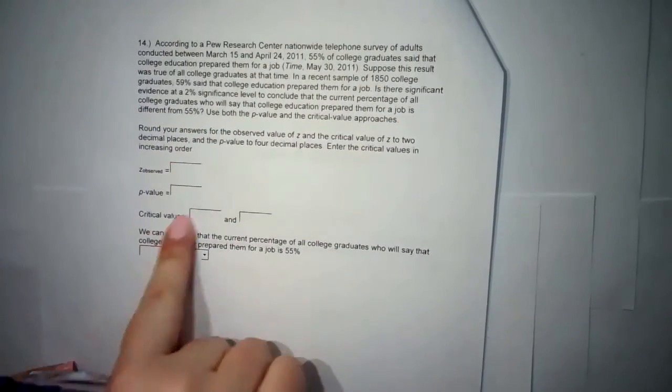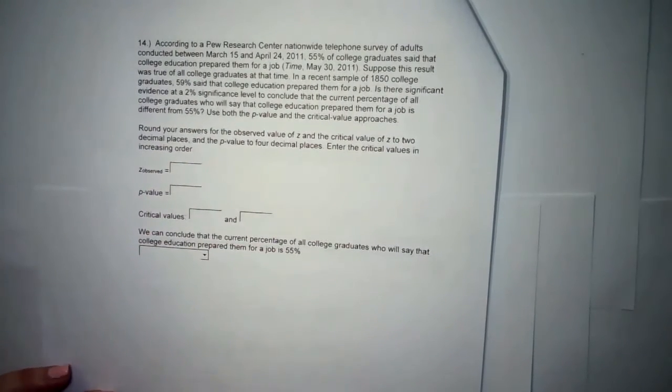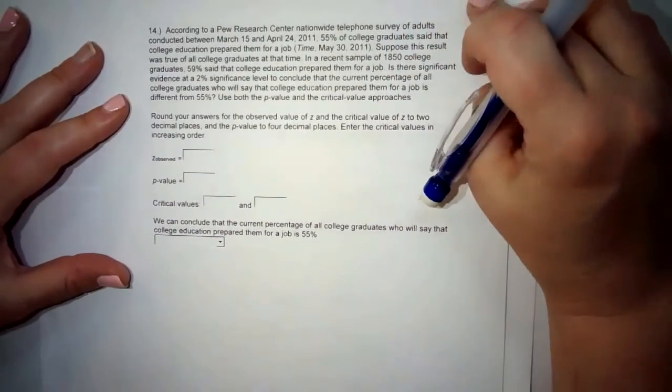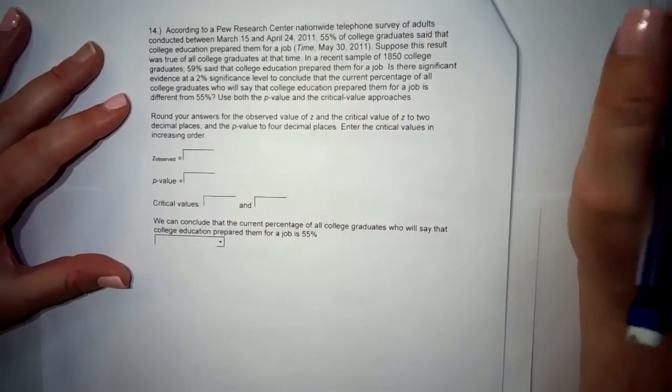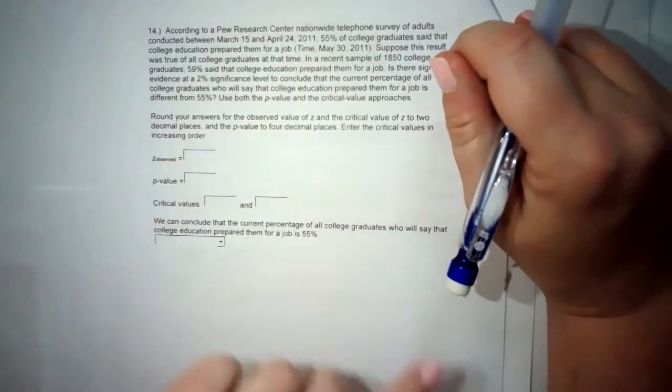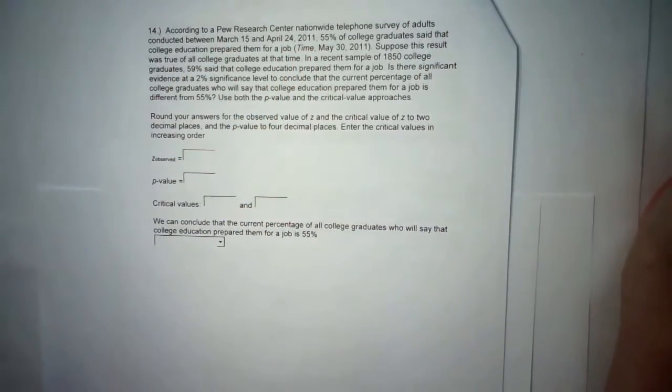All right, let's look at 14 and 18. Number 14, you can tell this came right off Wiley because it's got all your little boxes there. According to a Pew Research Center nationwide telephone survey of adults, 55% of college graduates said that college education prepared them for a job.